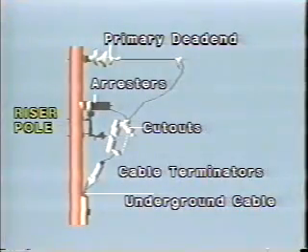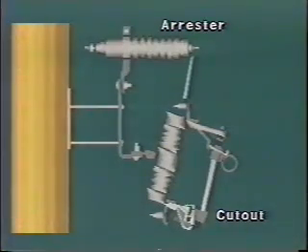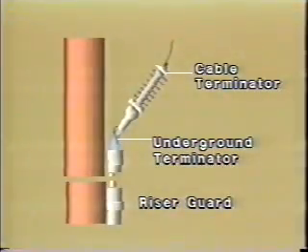The increasing use of underground distribution circuits involves the use of dip poles or riser poles as a transition point from overhead conductors to underground cable. The primary conductor support and protective equipment is similar to the single-phase transformer tap. Where the bare overhead conductor is connected to the insulated underground cable, a cable terminator is utilized.